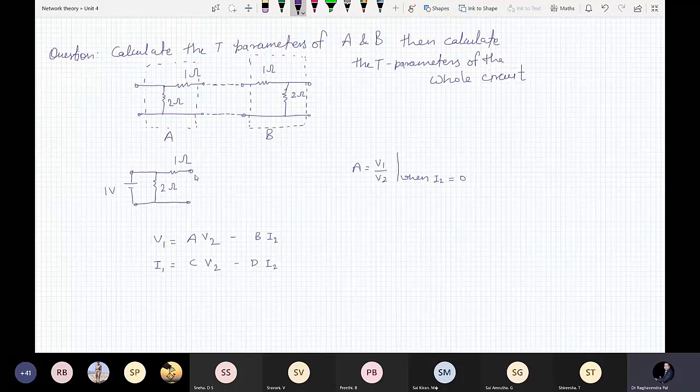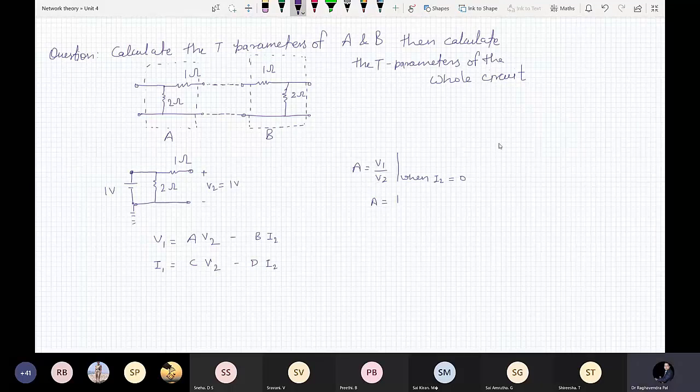Now you can see the value of V2, because this is open circuited, so no current is passing here. Whatever voltage is here, suppose this is ground, that will go through here only, and this will go to here only. So V2 will also be 1 volt. So the value of A is equal to 1 volt. Correct. Or you can directly write 1, because there will be no unit.